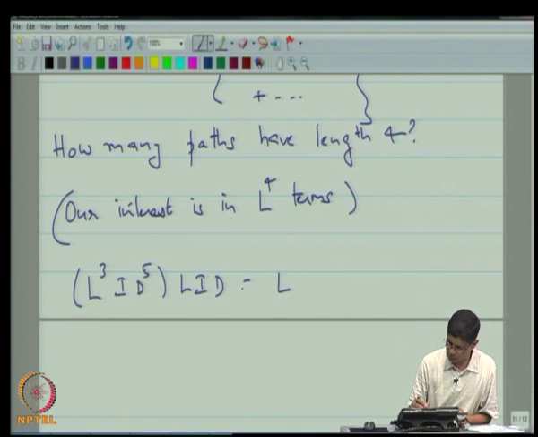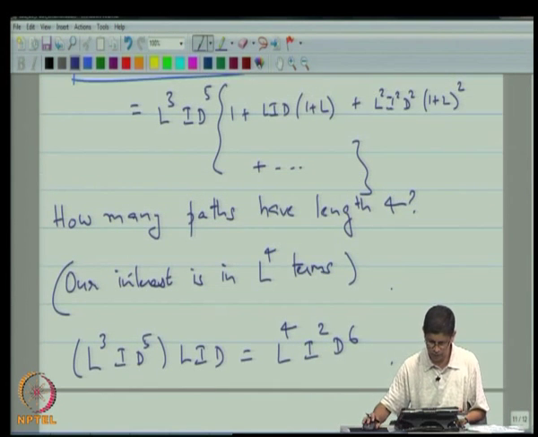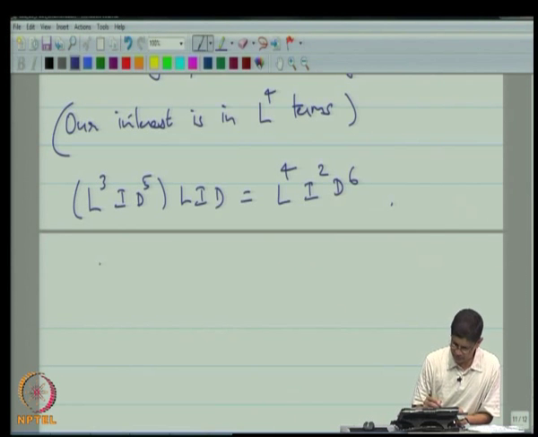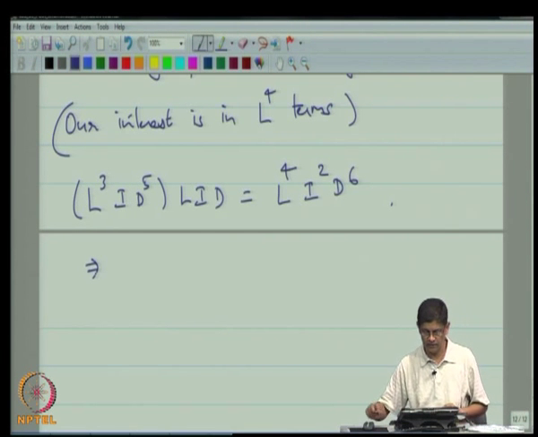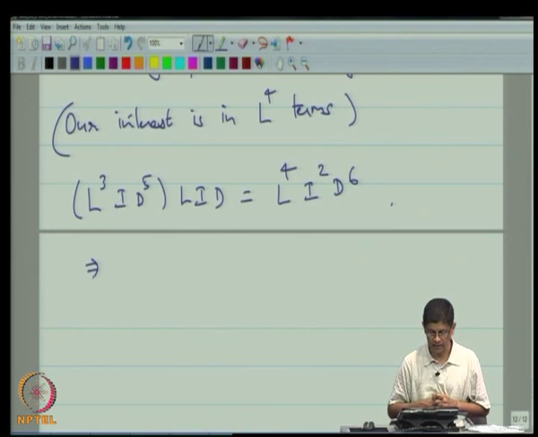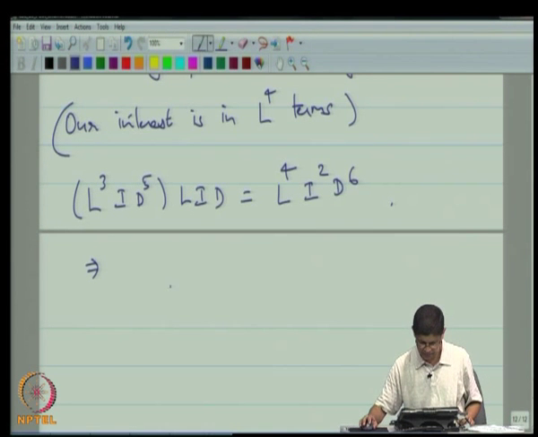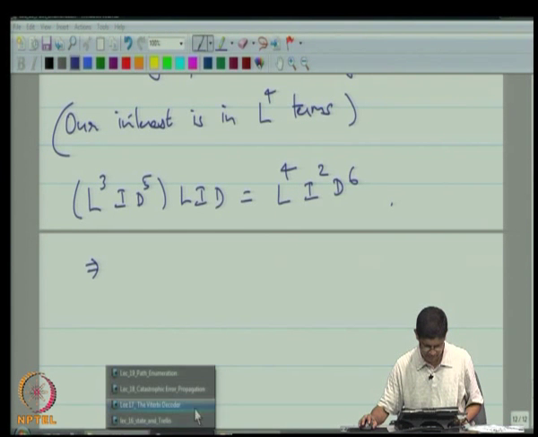So, this gives you L to the 4 I square d to the 6, and the coefficient is 1. So what does that mean? It means that there is one path in the trellis whose length is 4, which has information weight 2 and Hamming weight 6. Okay, so, let us try to remember L 4 I squared d 6 and go back and check if that was the case.